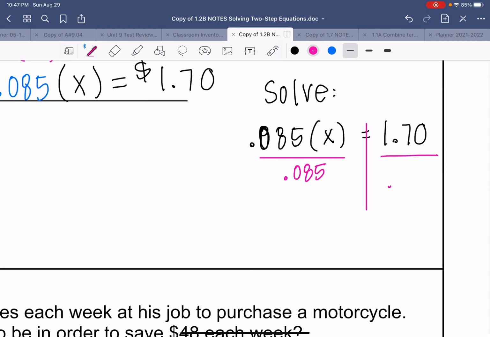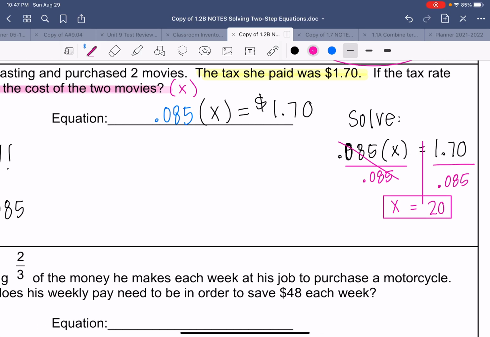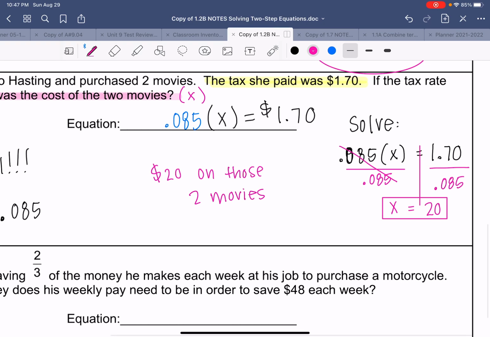What I do on one side, I must do to the other. X equals 20. When you plug in 1.70 divided by 0.085, you get 20. So she spent $20 on those 2 tickets, 2 movies.